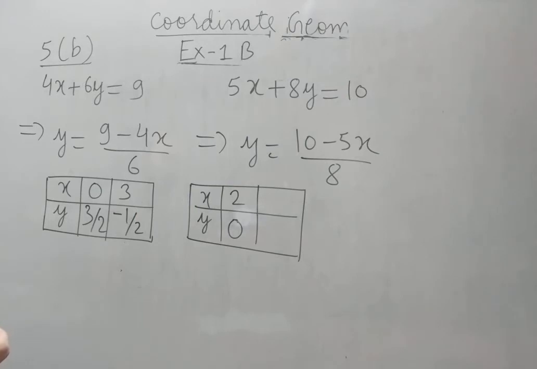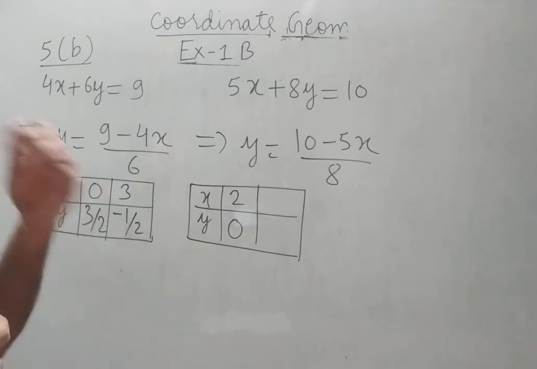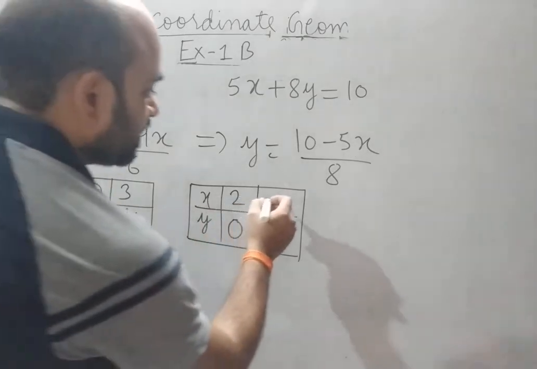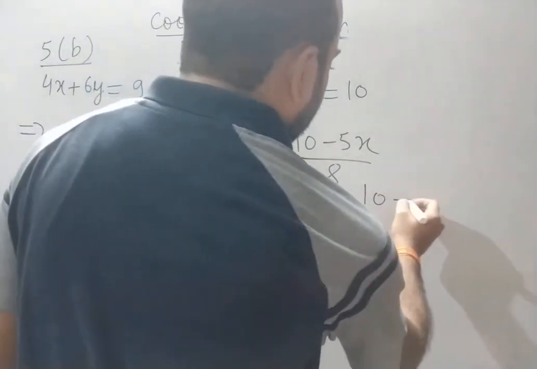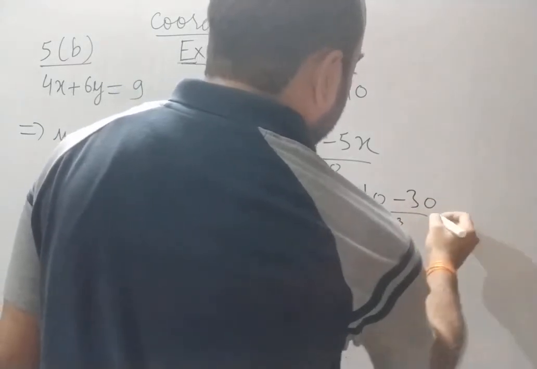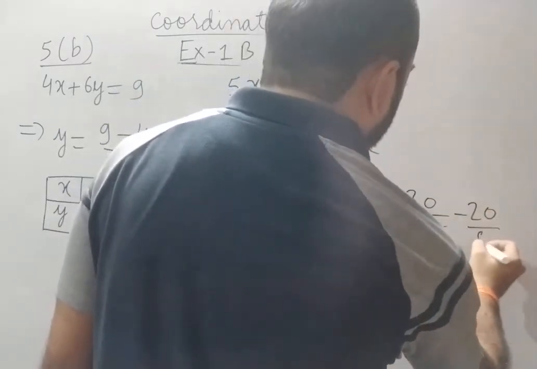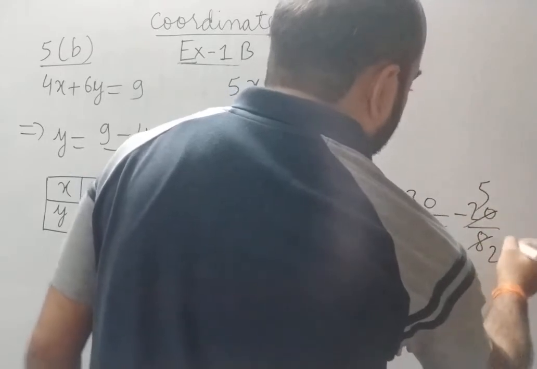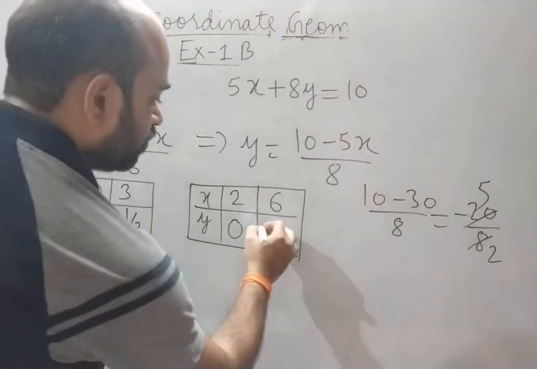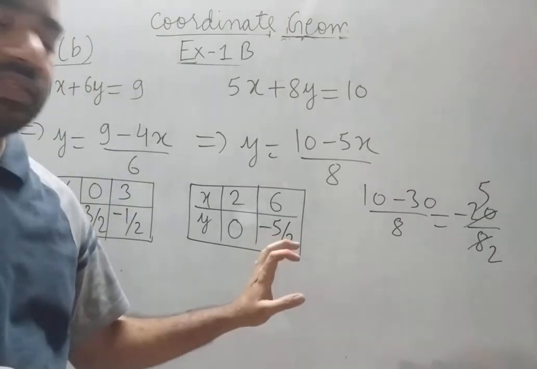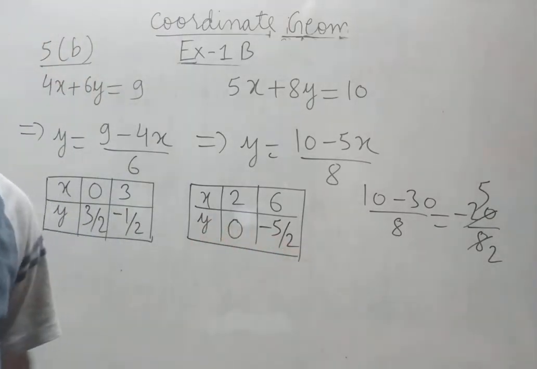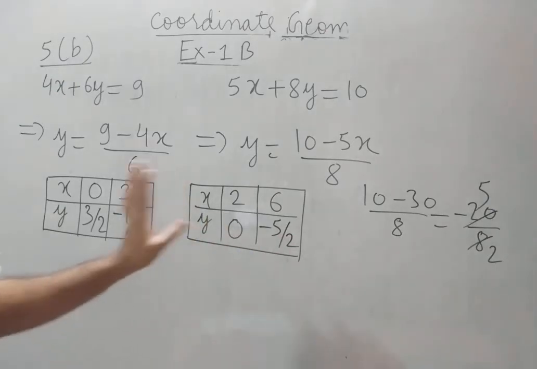Okay, if x is 6, what will come? (10 minus 30) upon 8, that is minus 20 upon 8, so minus 5 by 2 will come. This will give relaxation. It means this can be plotted easily. Upon 2, no problem. Okay, so we have got the points.